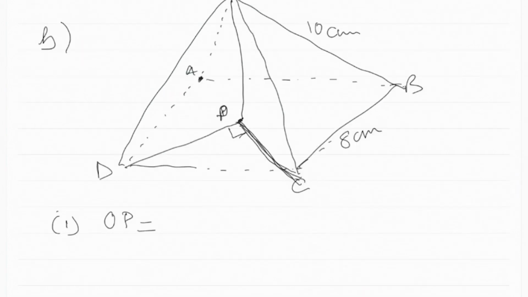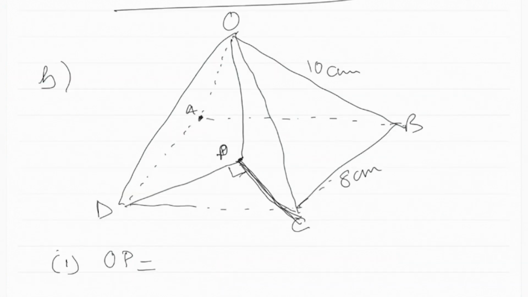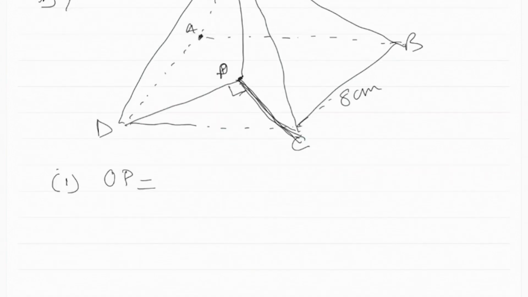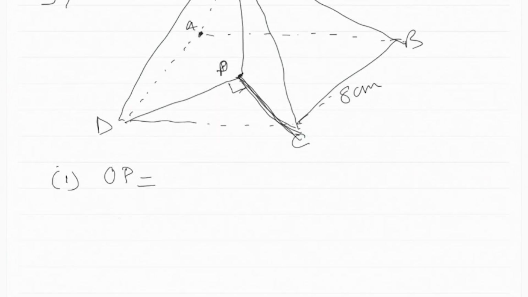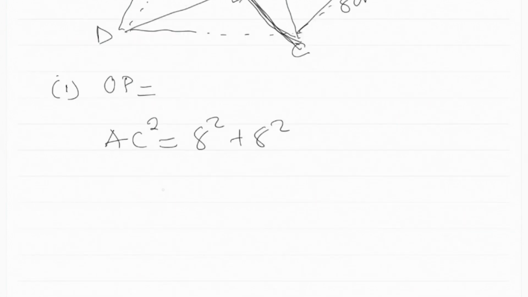So how are we going to find OP? By Pythagoras theorem, we can do some elementary work there to say AC will simply give us 8 squared plus 8 squared.